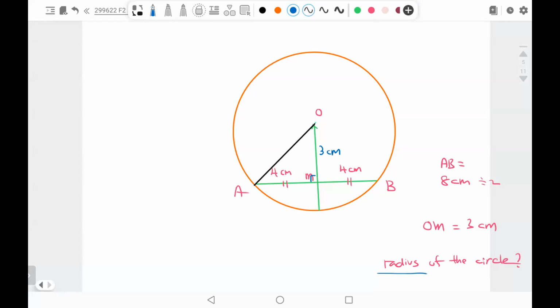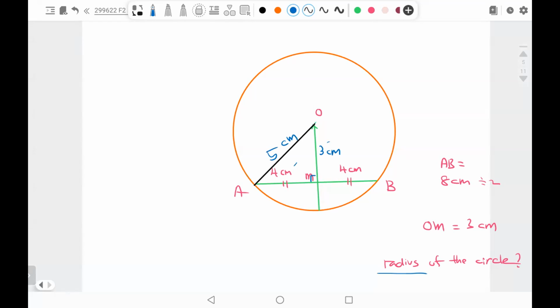Five? Yes, correct. Theorem of Pythagoras. So 3 squared plus 4 squared equals 5 squared. Square root of that, so it will be 5 cm. So the radius is 5 cm. So this is the second part.